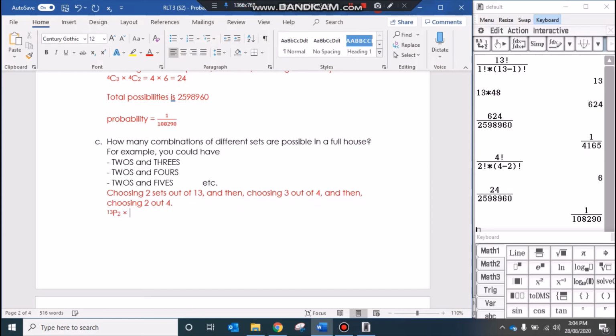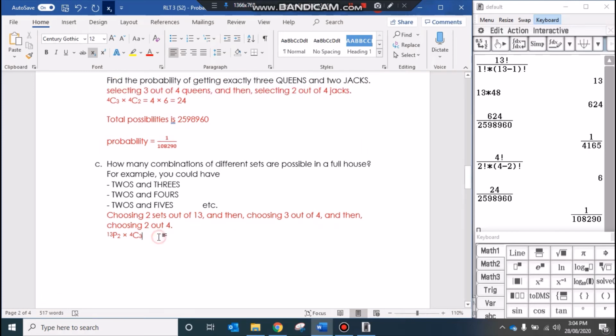Then we are choosing 3 out of a possible 4 queens. I mean, not queens, sorry, any set. Queens was from the previous example. And then we're choosing 2 out of a possible 4 for our second set. So what is this equal to?